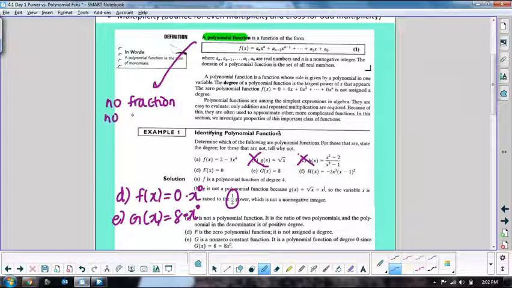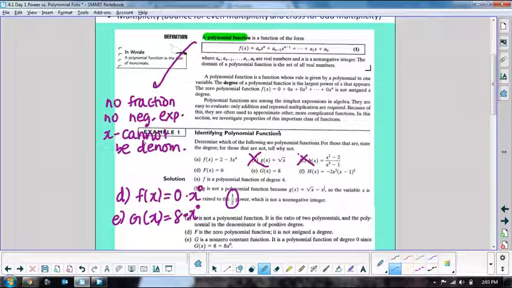So say no fraction, no negative exponents. If you have that, then it's not a polynomial. It's not what we're going to be studying for the first half of this chapter. Also note that x cannot be in the denominator. That's the same idea as a negative exponent, but it's not obvious. Sometimes people don't realize that that's what it actually means.